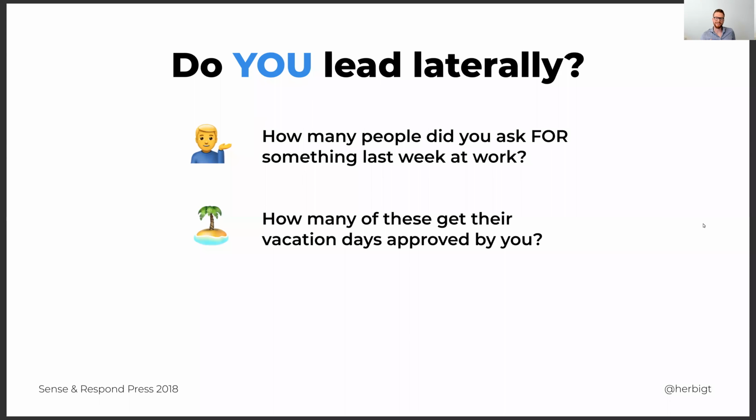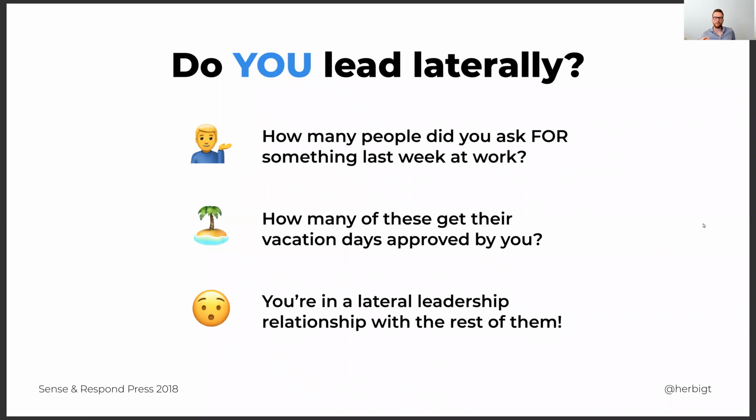And surprisingly, or not that surprisingly, only a few of these people get crossed off the list because we don't approve that many vacation days. And the end result is, guess what? Everybody remaining on this list is someone you are already in lateral leadership with, right? That's oftentimes quite a revelation for most of the folks I talk to, because it's like, wow, that's quite an amount of people, and I have a leadership relationship with these people. So you have to figure things out, and you have to start looking at the relationship you're having with these people in a more structured way.